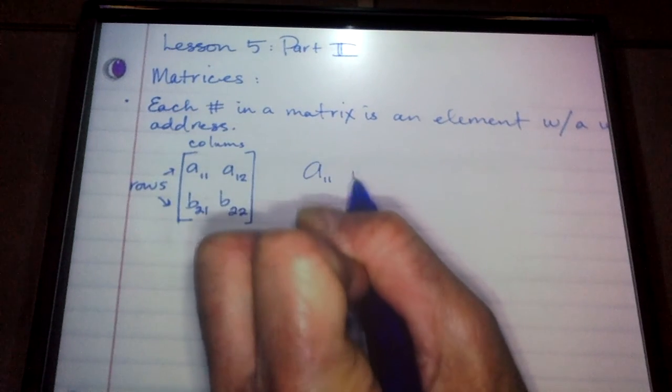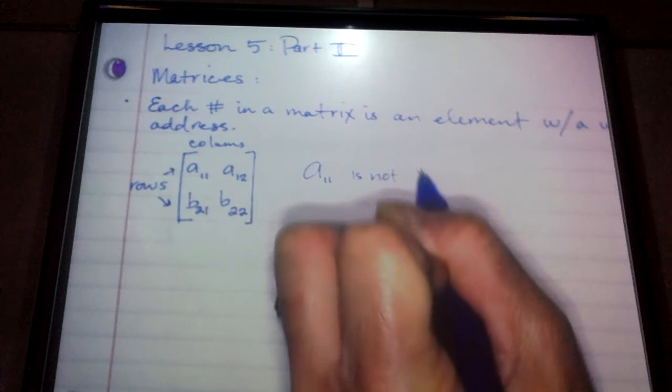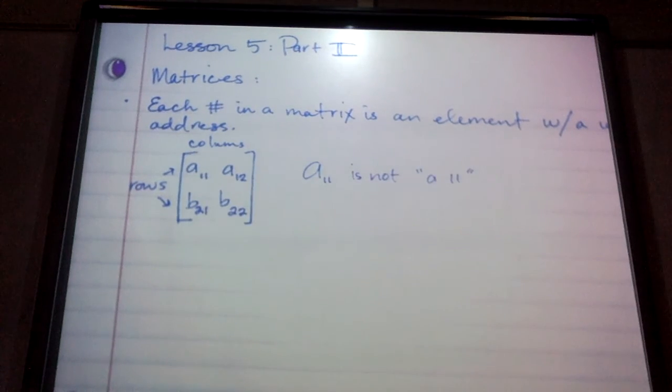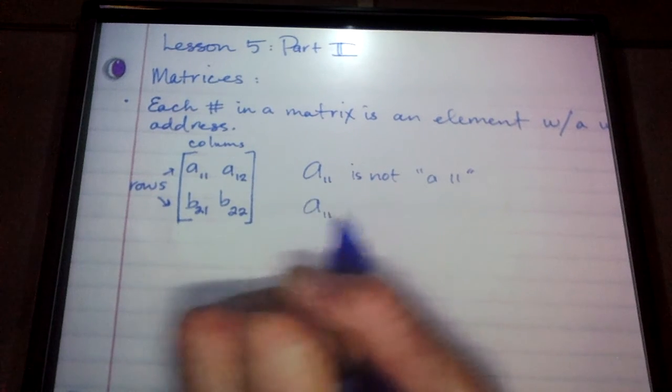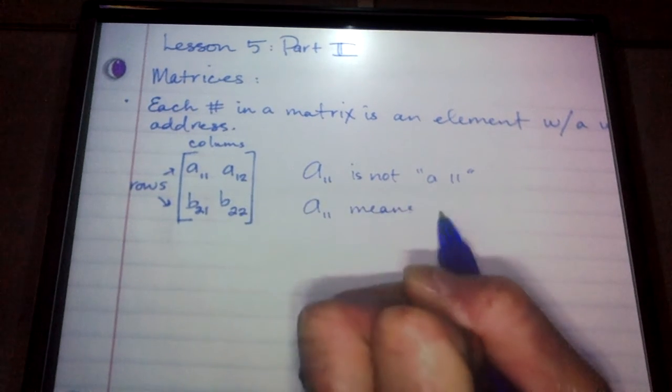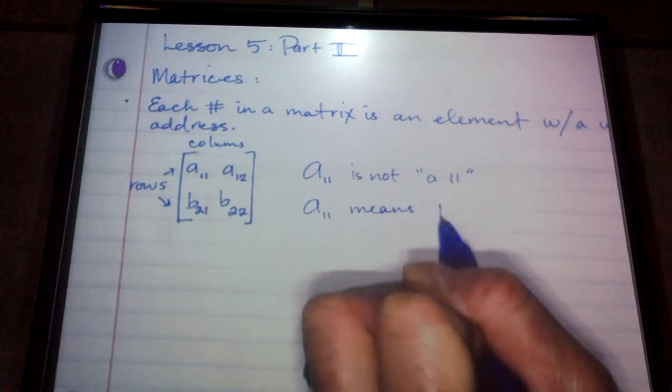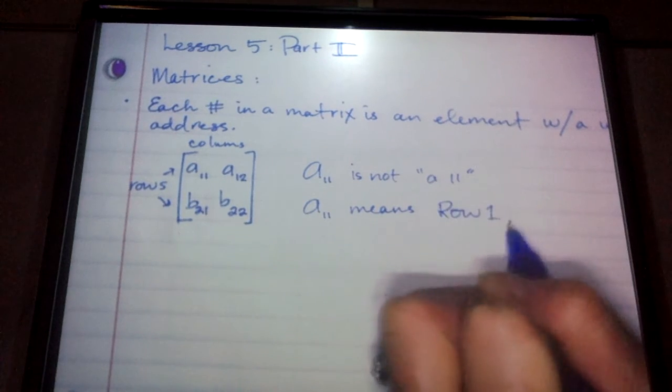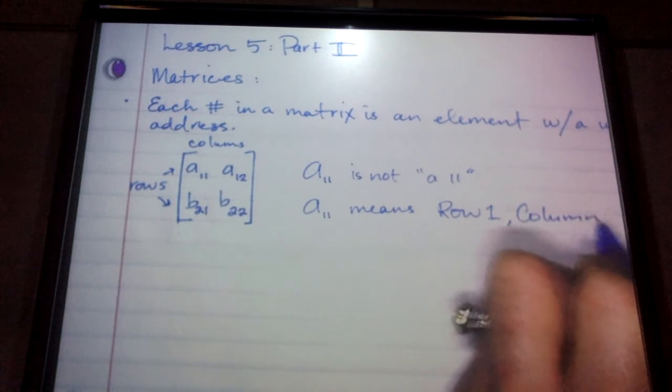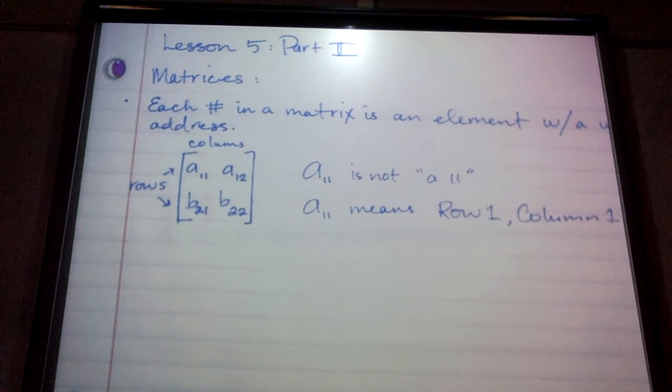Now I need to go over these. A11 is not "A eleven." I don't want you to read it that way. A11 means row 1, column 1. It's an address, okay?